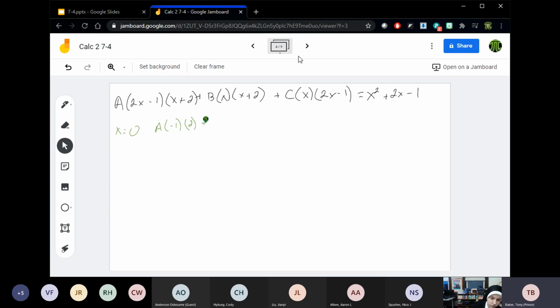The b cancels out because of that x, so b is gone. The c cancels out because of that x. So that equals negative 1. That means a is going to end up being the 1/2 like we had before. So I plugged in 0 to every single one of those x's all the way across, and that's all that was left.